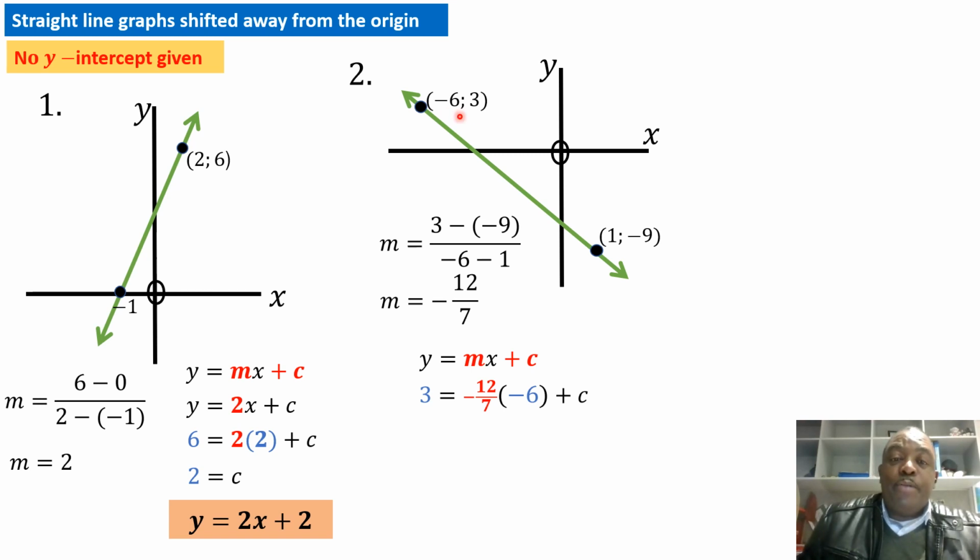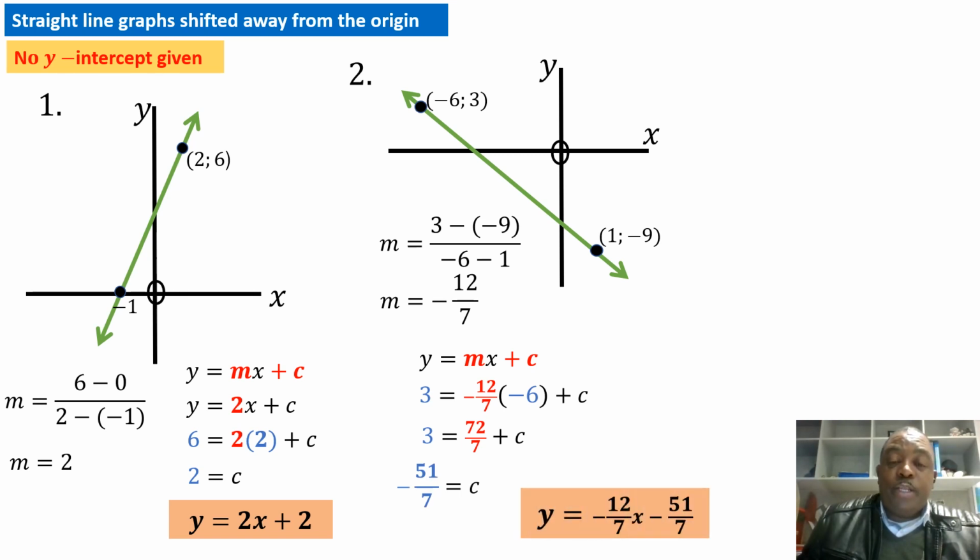We're using that point with negative 6 and 3, so where x is negative 6 and y is 3. If you are not good with fractions, use your calculator here and then get your value for c. And our c there is negative 51 over 7. Let's go write the equation. Y is negative 12 over 7x minus 51 over 7. And you're done.